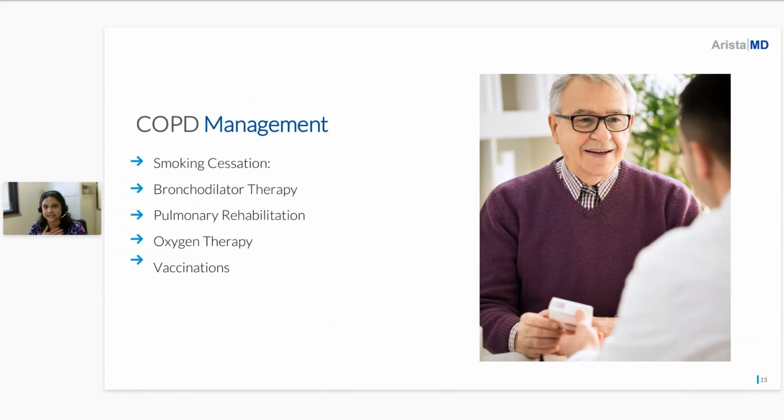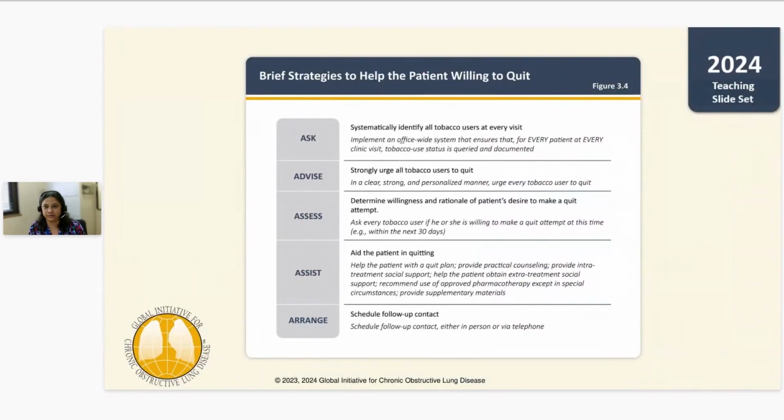Some patients, despite having these severe symptoms, can still have the addiction to the nicotine and tobacco, which is a serious problem for patients. And so, really addressing their addiction and helping them with cessation is one of the most important interactions that we can have with these patients with COPD.